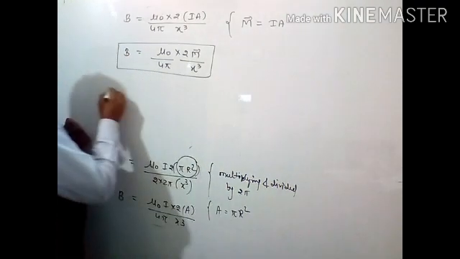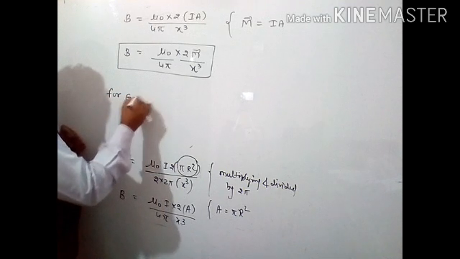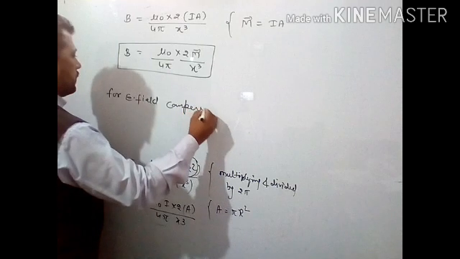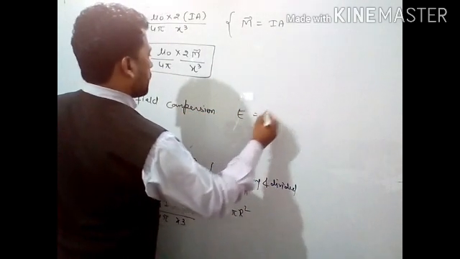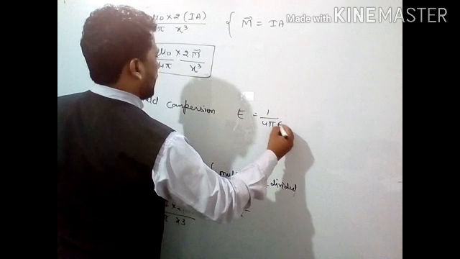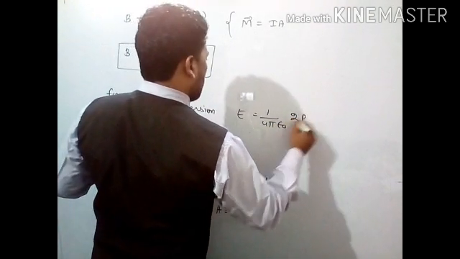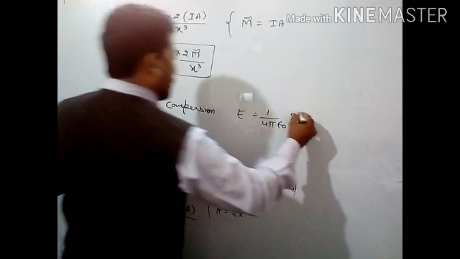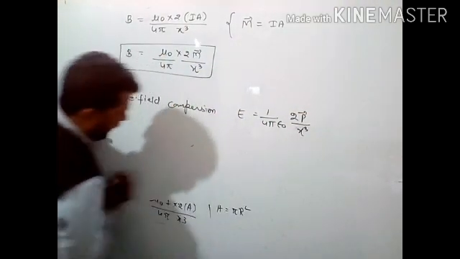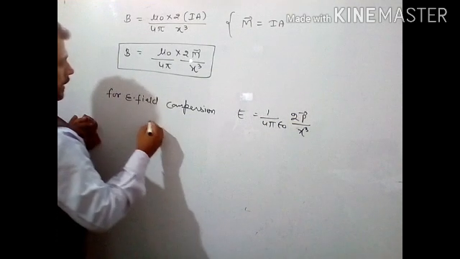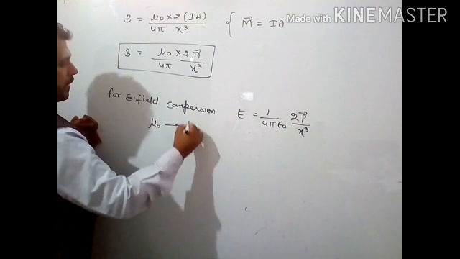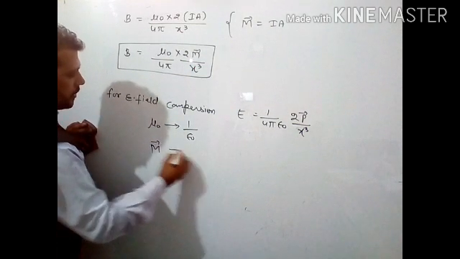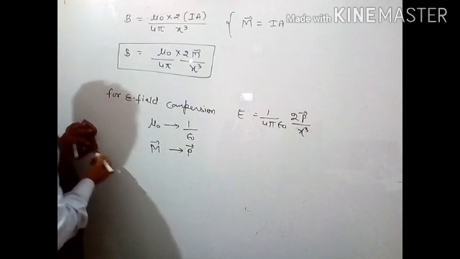for the electric field, for comparison, that is E equals 1 by 4 pi epsilon naught 2p by r cube or x cube. So according to this, on comparison with the electric field, here mu naught is replaced by 1 by epsilon naught, and magnetic moment is replaced by electric dipole moment.